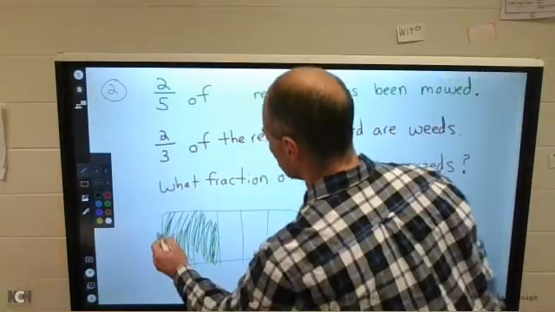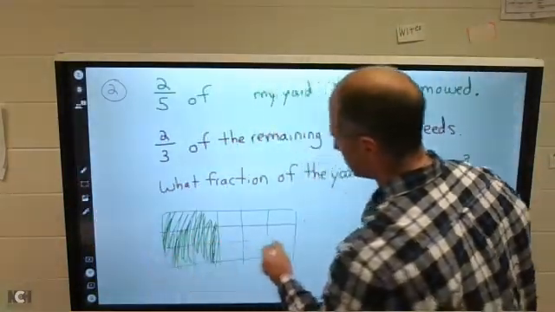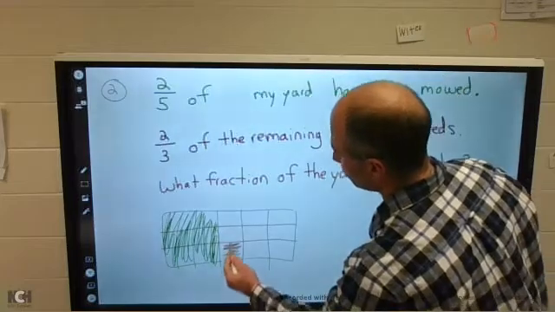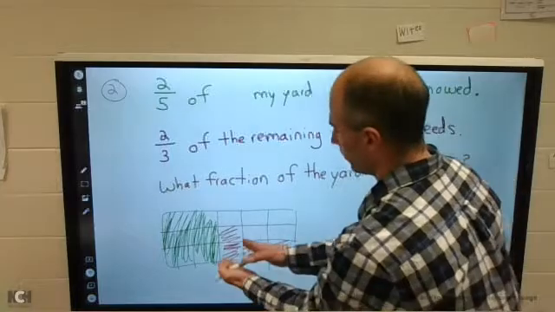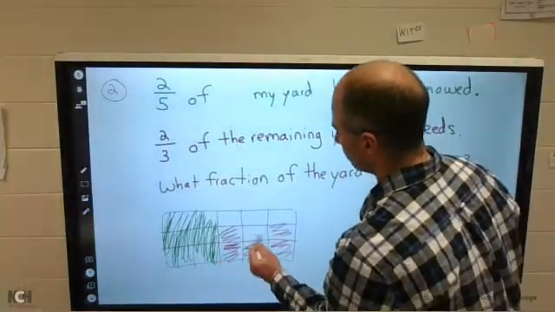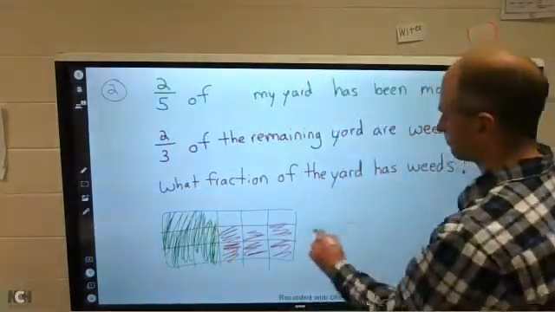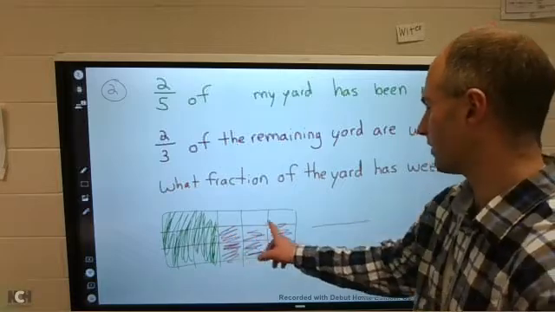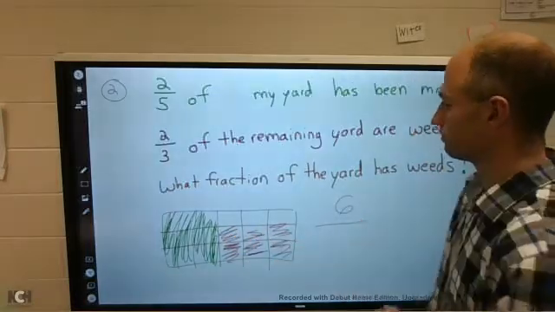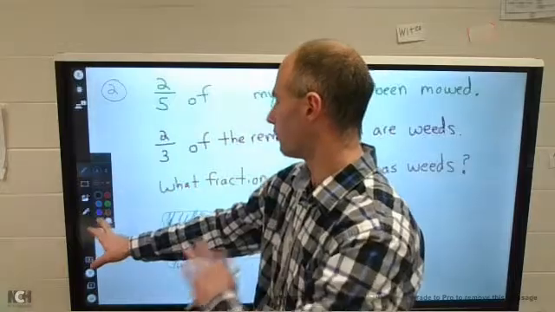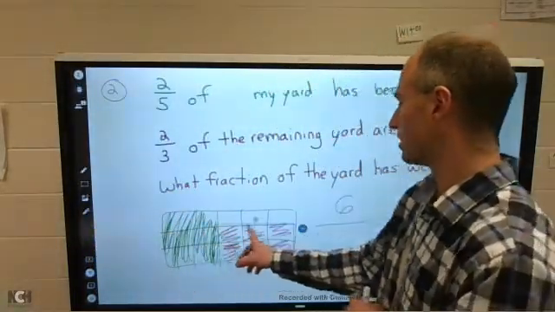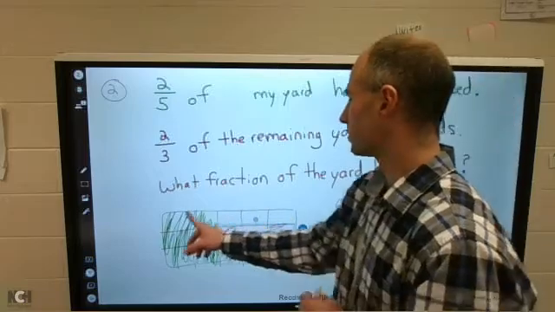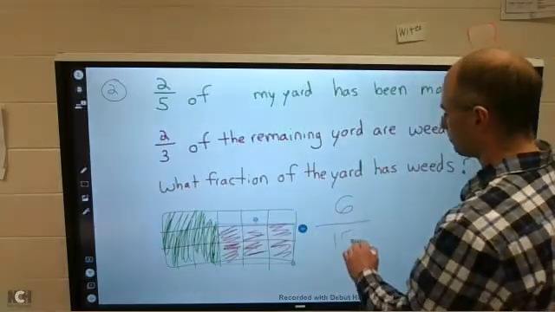So I'm going to break this up into thirds and shade in 2/3 of it. 1/3, 2/3. 1, 2, 3, 4, 5, 6 is my numerator. Out of the whole entire yard, 1, 2, 3, 4, 5, 6, 7, 8, 9, 10, 11, 12, 13, 14, 15.